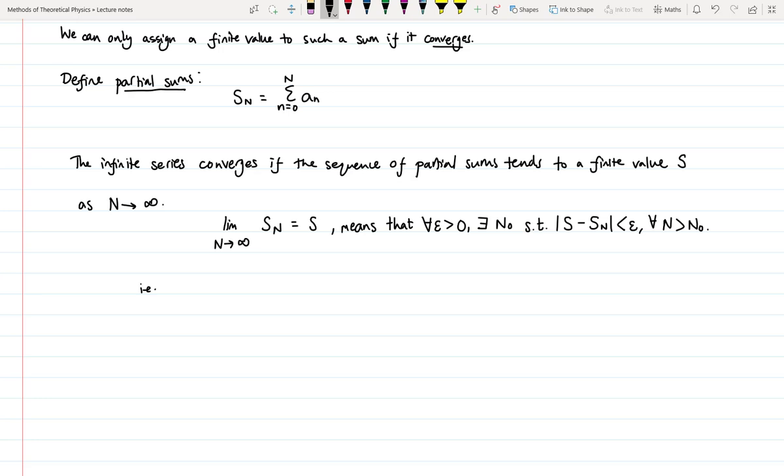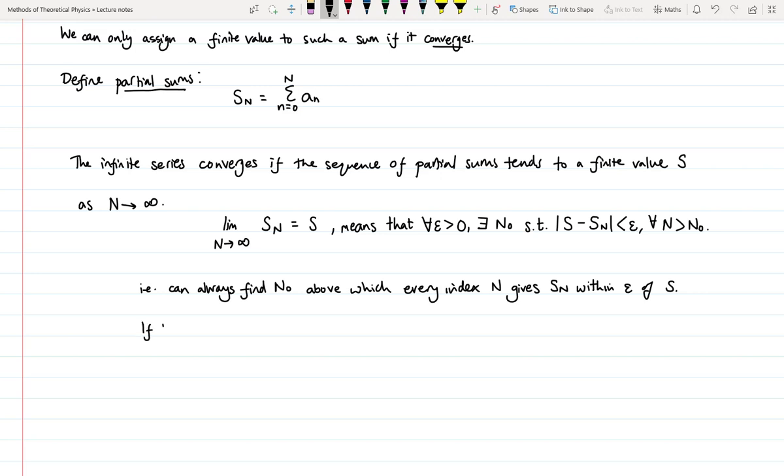So this means, i.e., we can always find some index n0 above which every index n gives a corresponding partial sum Sn that is within epsilon of S. What this means is if you give me some small positive number epsilon, then I can always find a partial sum Sn that is within epsilon of the value of convergence.